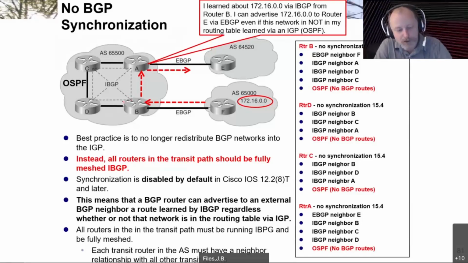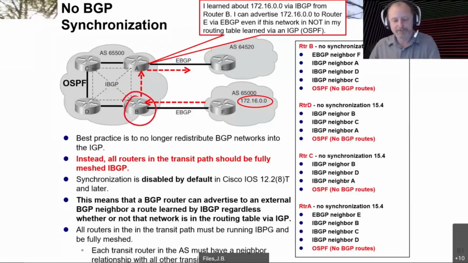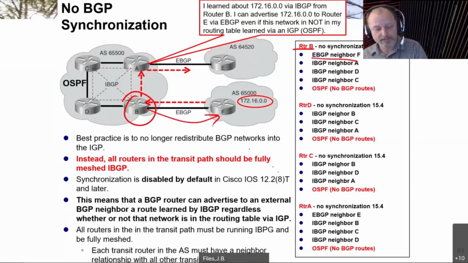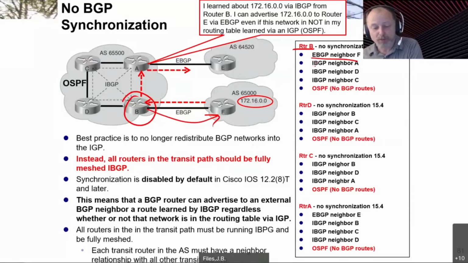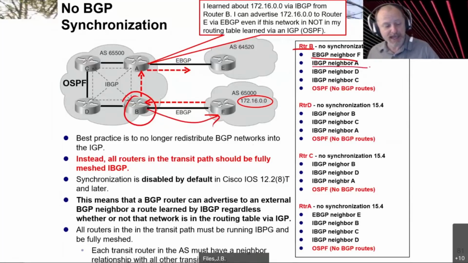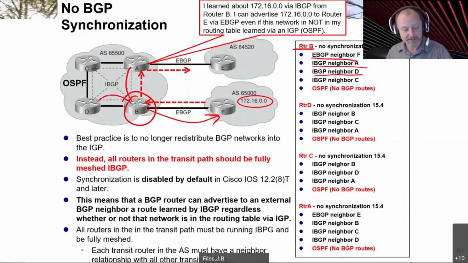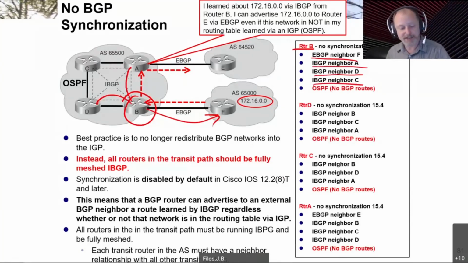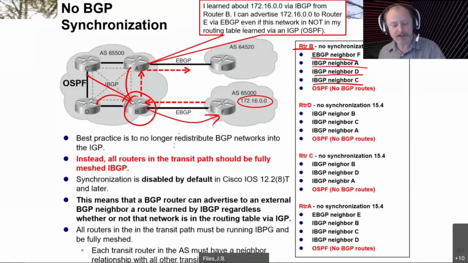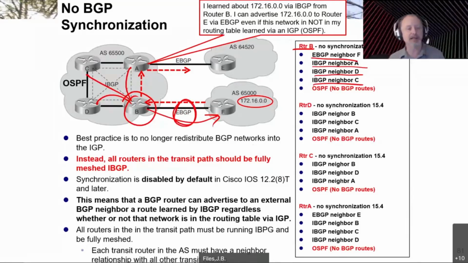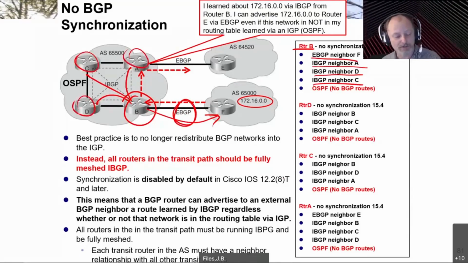Okay, so if we look at router B, it has an eBGP neighbor statement to F, but fully meshed is iBGP. So router B has a neighbor statement to A, it has a neighbor statement to D, and it has a neighbor statement to C. So if it learns about a path via eBGP, it'll advertise that to all of them.